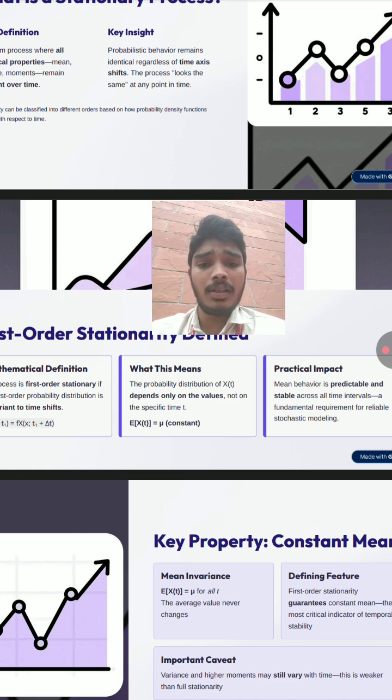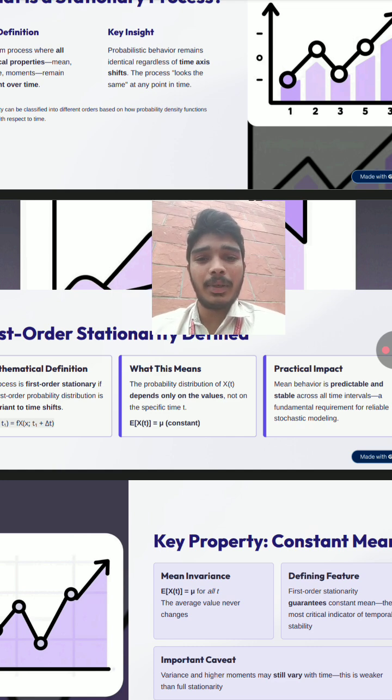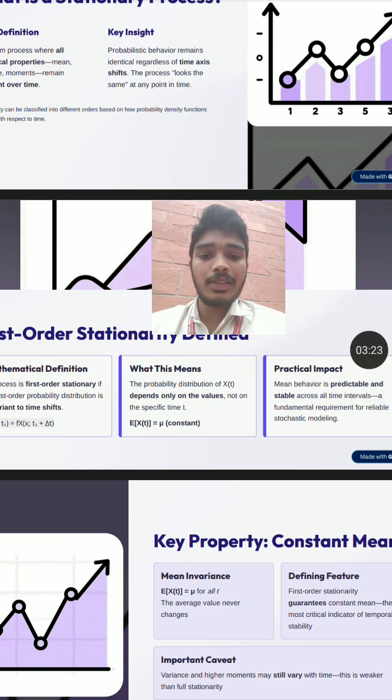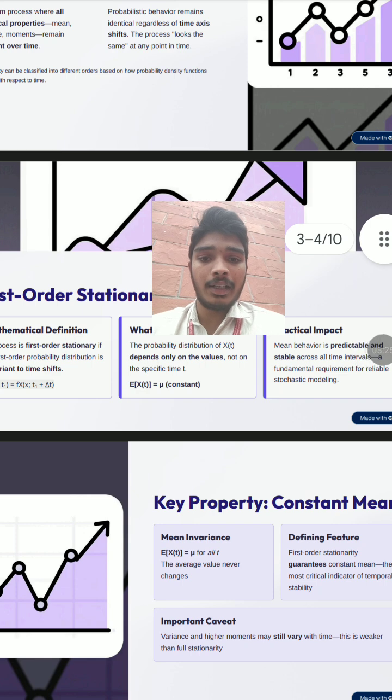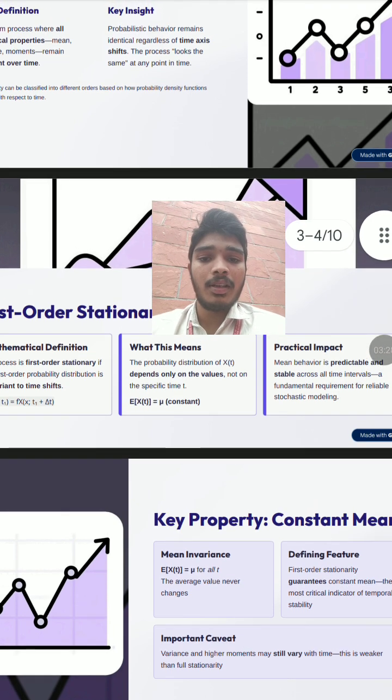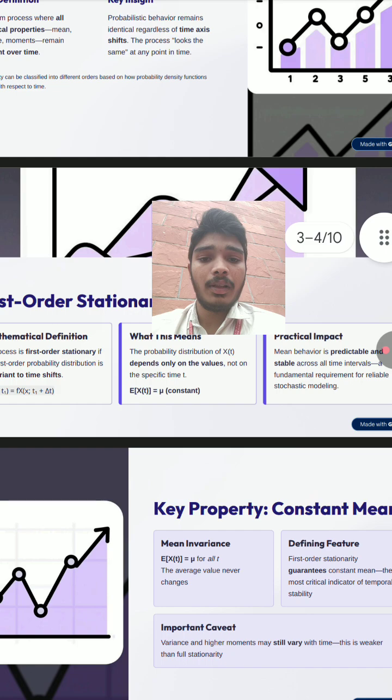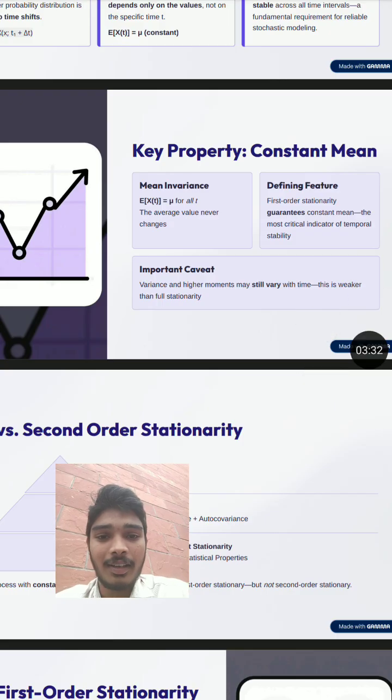Stable across means the mean value at any time instant is constant; it cannot change with respect to time, and it cannot be infinity at any time interval. This is a fundamental requirement for reliable stochastic modeling. It is one of the practical uses in our life: the stationary process is used for reliable stochastic modeling.